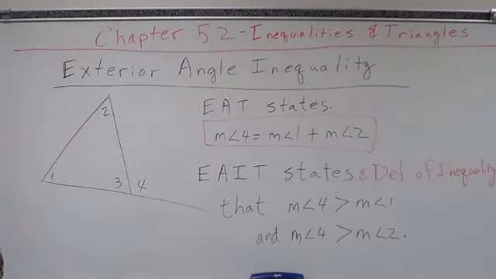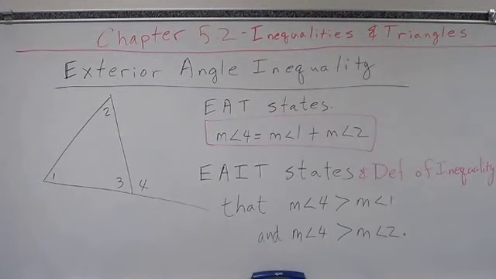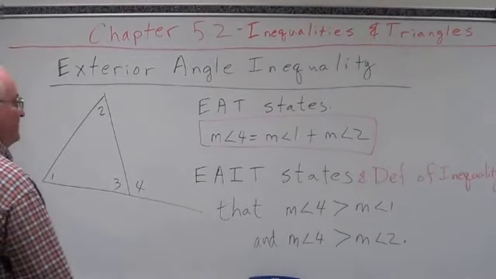If you can add two things together to equal a third thing, then the third thing has to be greater than either one of the individual first two things. Okay? Stands to reason. It's just the definition of inequality.